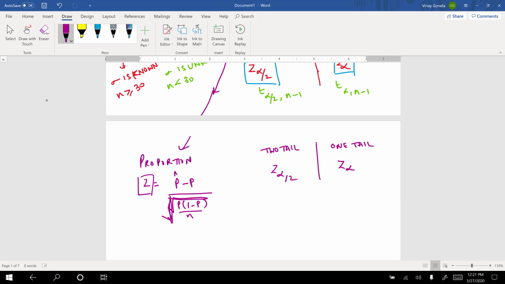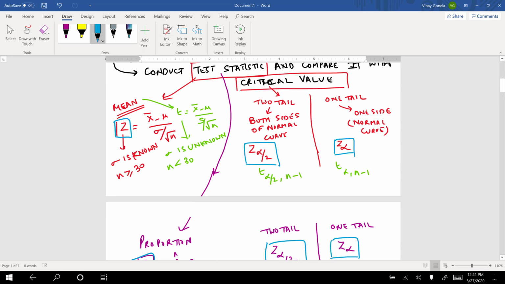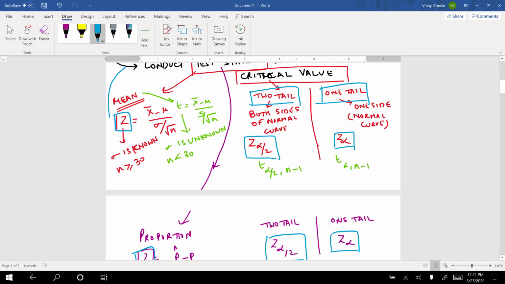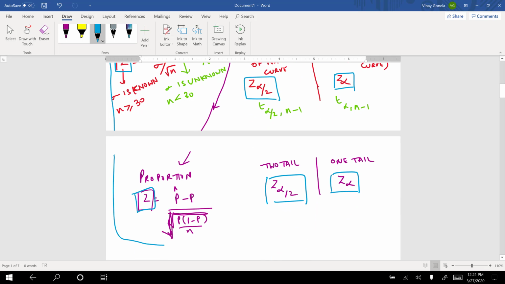So we compare this z value with z alpha over 2 if it is a two tail proportion problem, and if it is a one tail proportion problem we compare with z alpha, and then finally we make a conclusion. So the last step of hypothesis testing is the conclusion.